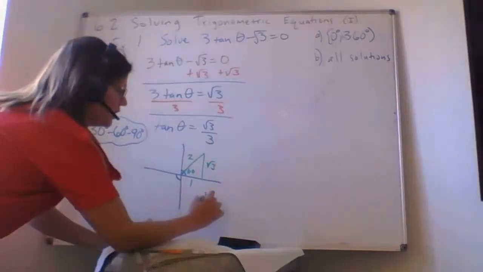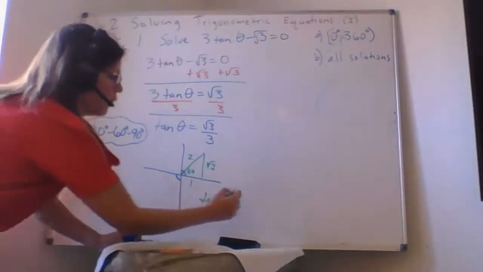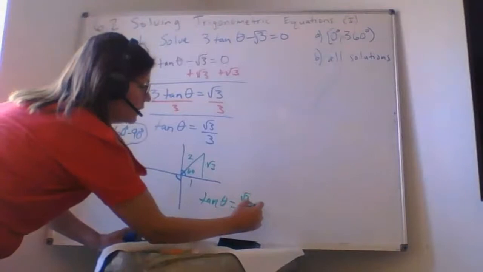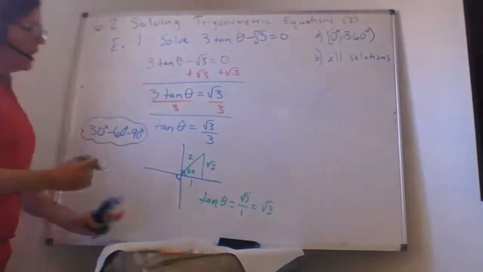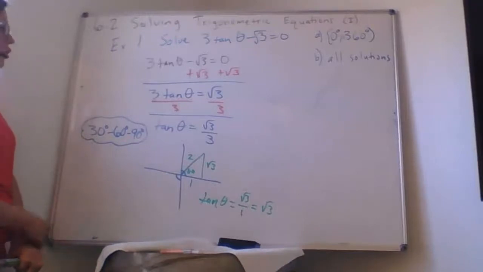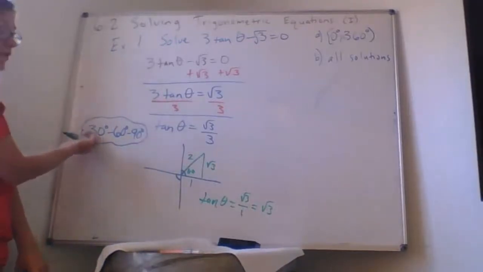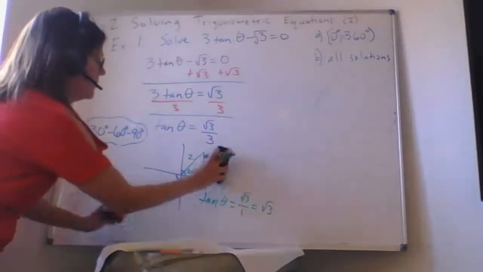So tangent of theta equals y over x, or rad 3 over 1, which equals rad 3. This did not give us the desired results. You could determine that it's then going to be a 30-degree reference angle, but let's take a look.